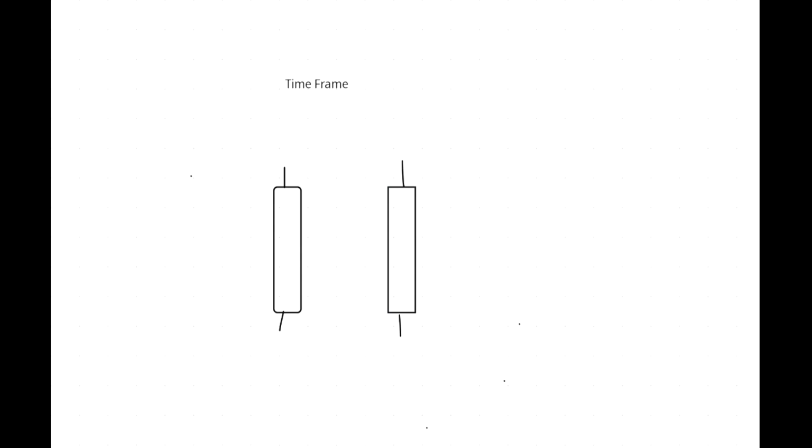So the candlestick has two major types. We are going to represent these two candles for two things. One opens below and closes above. The other opens above and closes below.